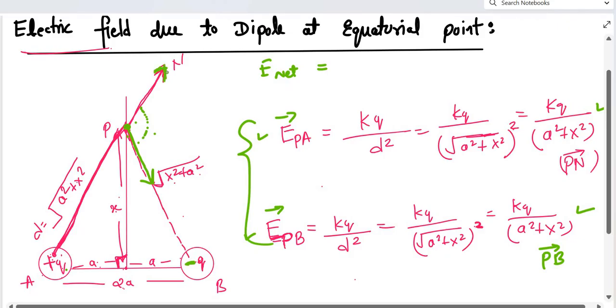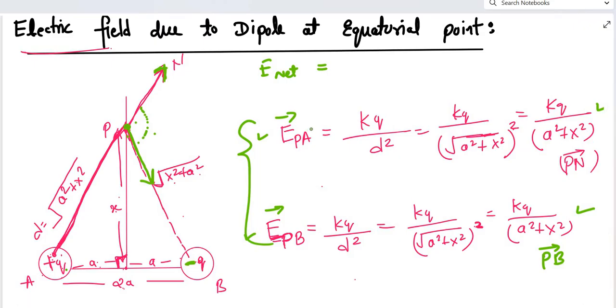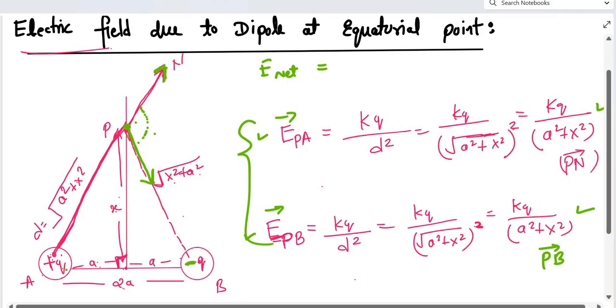We change both of the vectors into vertical and horizontal components, and we see if they are in opposite directions, we subtract. If they are in the same direction, we add. So in order to find the net electric field, we will convert them into two components, horizontal and vertical.